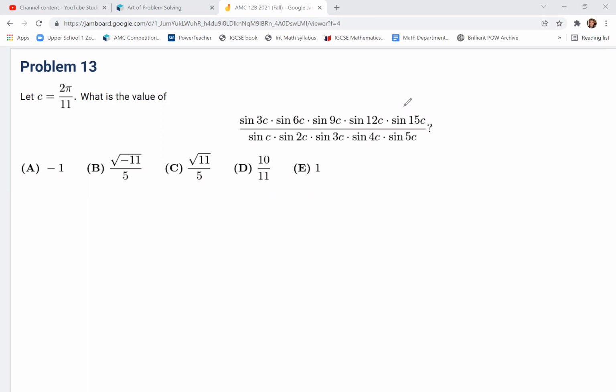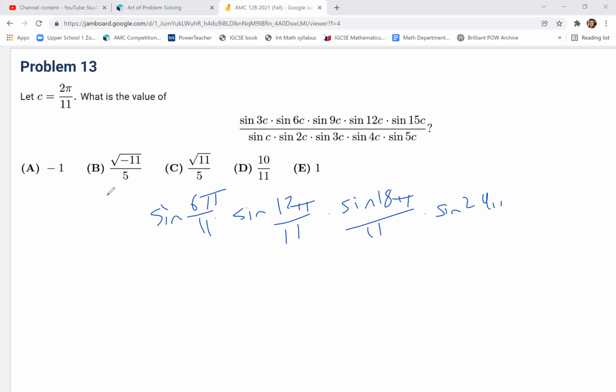So you get sine 6 pi over 11 times sine 12 pi over 11 times sine 18 pi over 11 times sine 24 pi over 11 times sine 30 pi over 11.